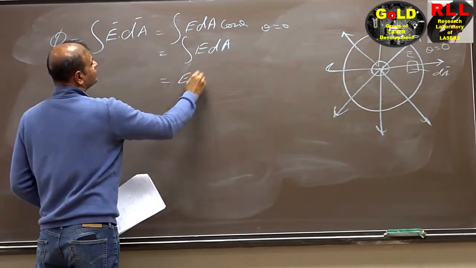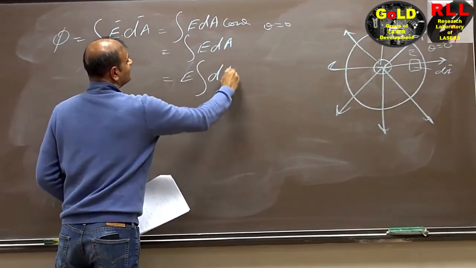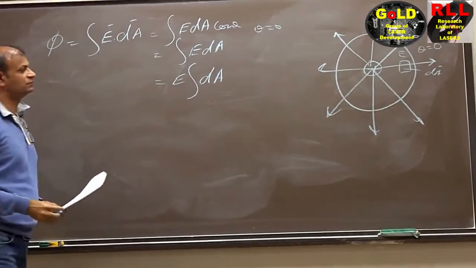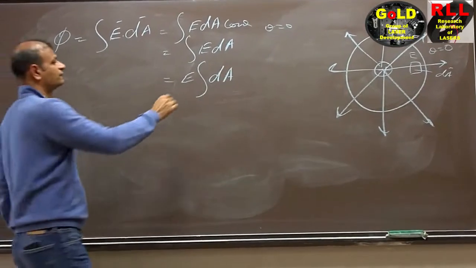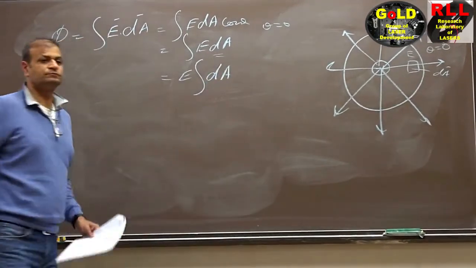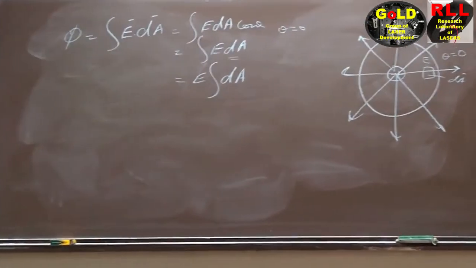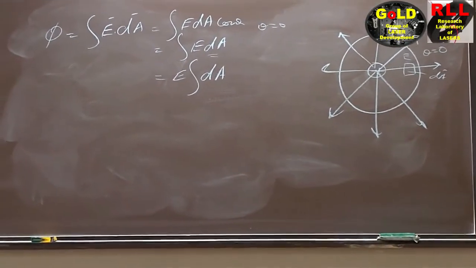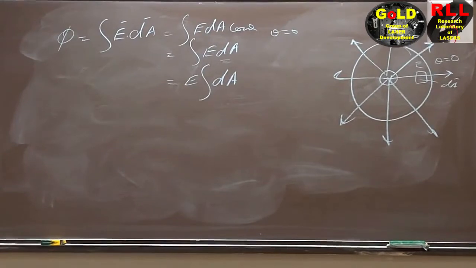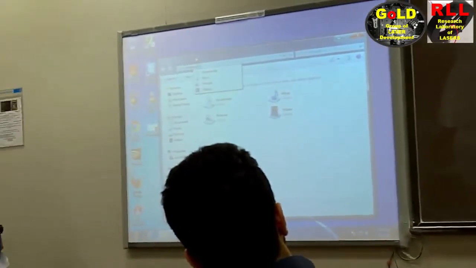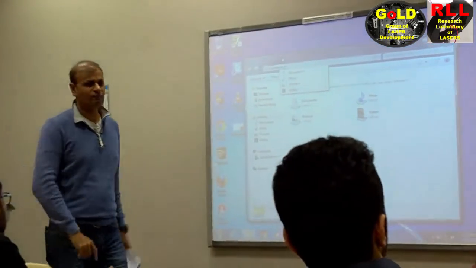Now, if you take out the electric field here, okay, so what it shows, this portion. What it shows? The integral of dA. Yes. Isn't it area of the sphere? Area of the sphere.